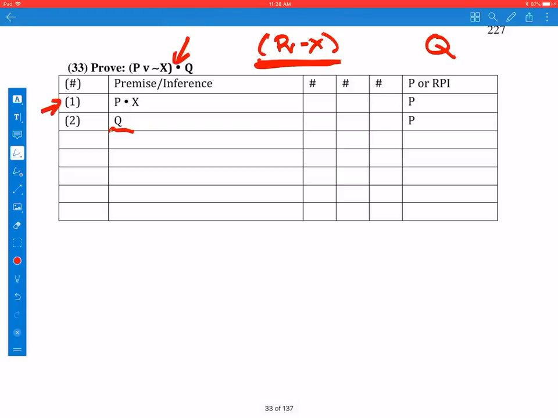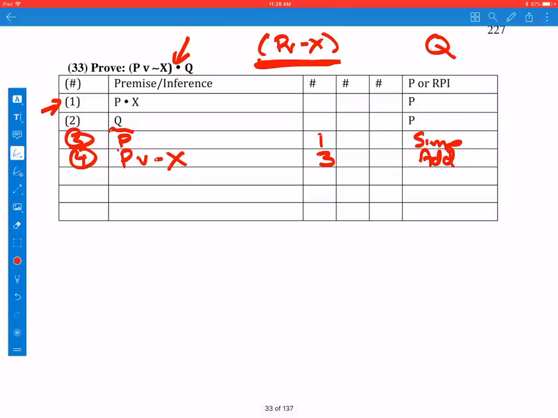So what we really need is the P or not X. There's a P and X on line 1, which we can turn into a P or not X as follows. First, let's get rid of that X by simplification. So we get P from 1 by simplification. So we just drop that X, and we're going to add or not X from 3 by addition.